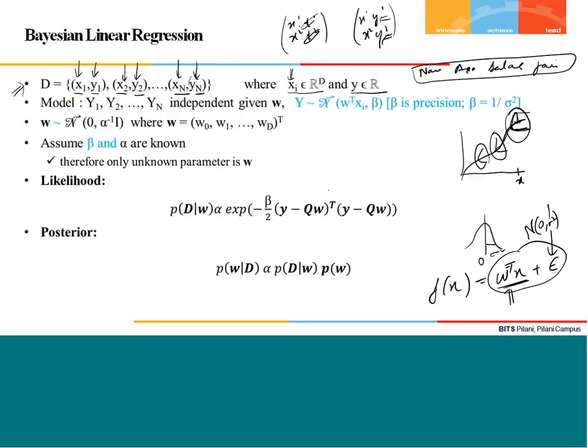We also assume that beta and alpha are known. What is beta? Beta is the precision. For example, if 0 is my mean and this is my variance, the precision is inversely proportional to the variance. If beta is the precision, then the variance is sigma squared.